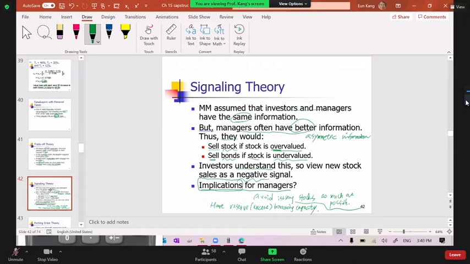They don't maximize their debt capacity. They try to have some room for more debt issue later, because if they issue stocks, that may depress the stock price. So they try to avoid stock issuance as much as possible and try to have some reserve borrowing capacity. Okay, that is a good implication from signaling theory.